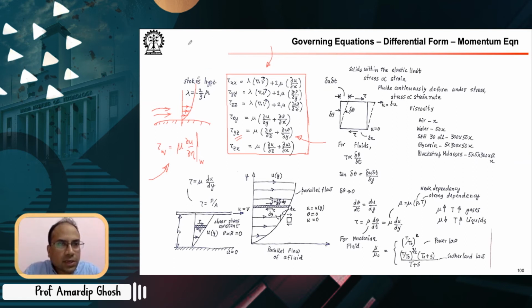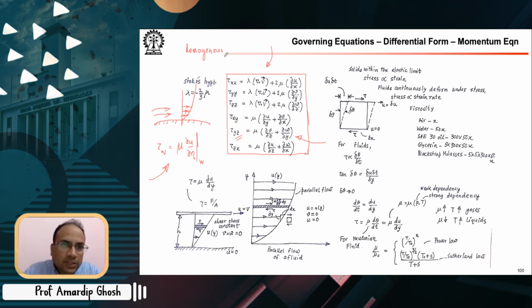Homogeneous would be when a property such as mu does not vary from location to location. Homogeneous. Just check the spelling. Nowadays we have spell checks, so sometimes we are less used to remembering the right spelling of some of these things.